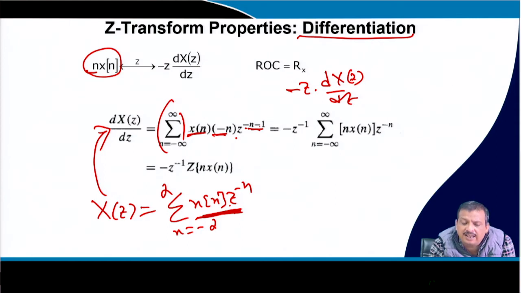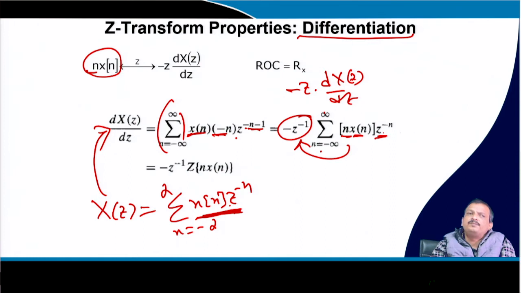Now, let us say I take minus z to the power minus 1 outside the summation. Then I have the sum over n of n times x of n and z to the power minus n, which is nothing but the z transform of n x of n.